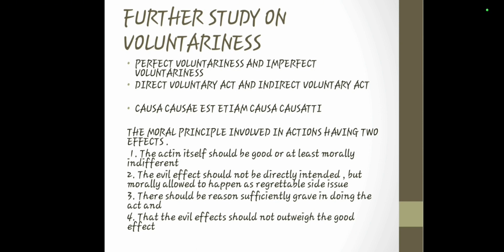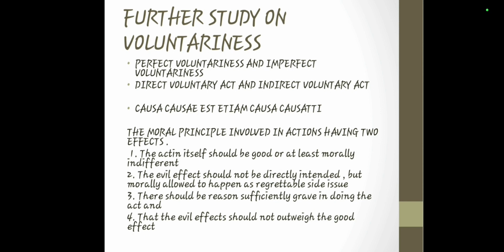Hence, these are the inquiries into the nature of voluntariness. It is distinguished by what? Perfect voluntariness and imperfect voluntariness. So what does it mean? The first comes with full knowledge and full consent. So when we're trying to figure out what perfect voluntariness is, it is defined as full knowledge and full consent.